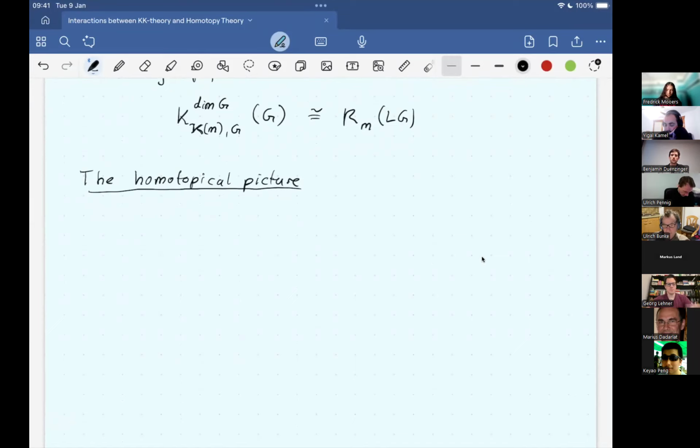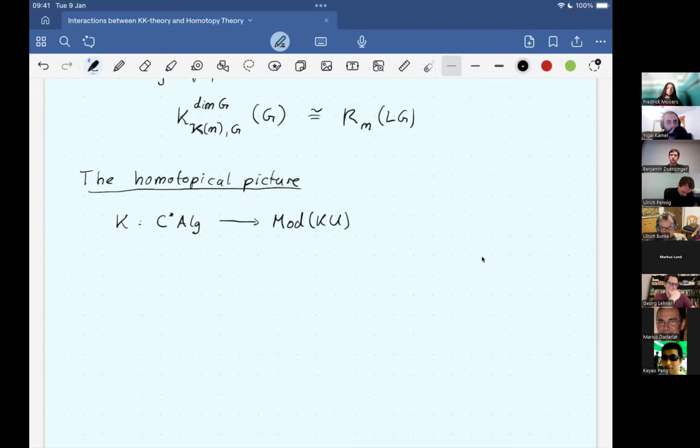What we've seen yesterday is that we have this functor K theory, which takes you from C star algebras into the category of spectra. And the right notion that you should maybe consider here are the KU module spectra, right? So this is the homotopical way of seeing K theory.